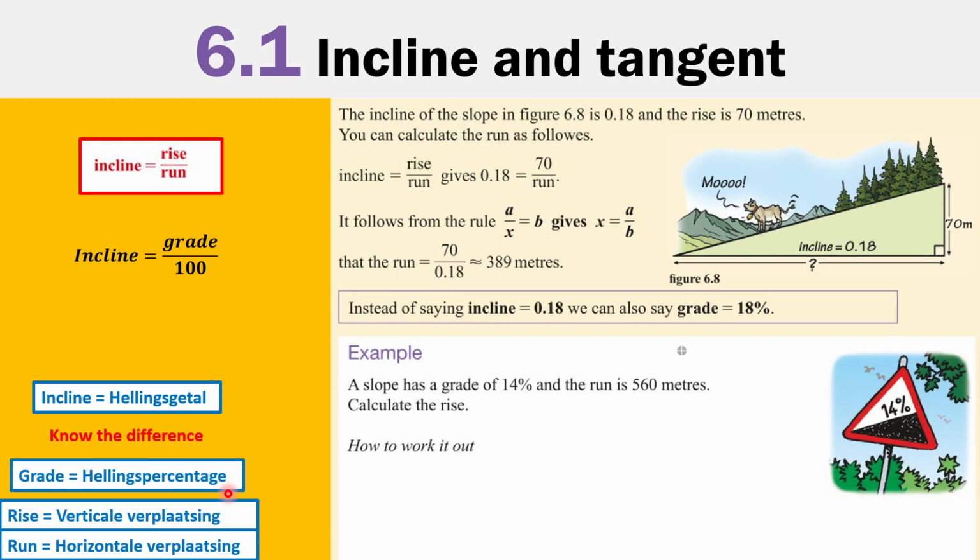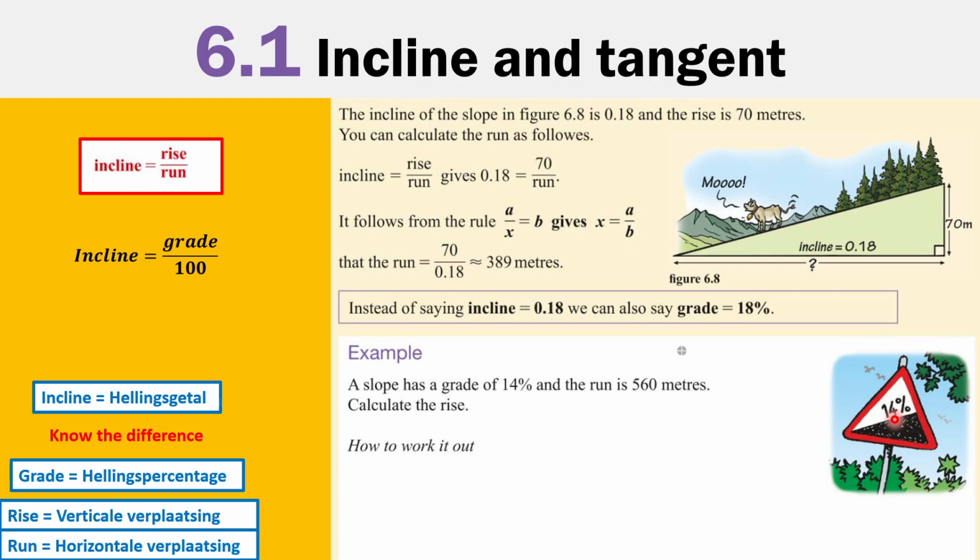In English, these are called the inclines and the grades. Okay, so instead of saying the incline is 0.18, you can also say that the grade is 18%. And actually, if you've been traveling in mountain-rich countries like, for example, Switzerland or Austria, or even if you go somewhere in the Netherlands where it can be a bit more adventurous, you sometimes see signs like this, which actually indicates what the incline is.